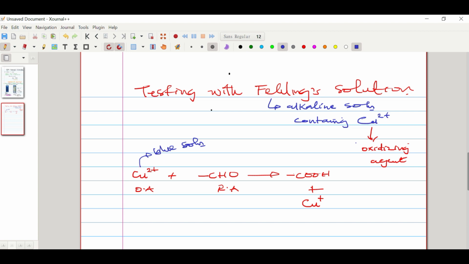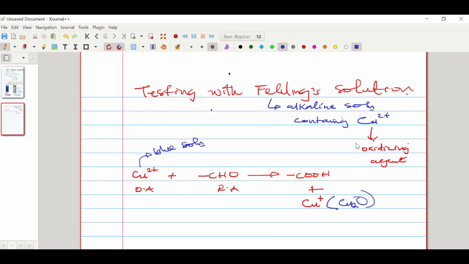But when this gets reduced, we're going to have copper 1 ion. But that copper 1 ion is not going to be in the form of aqueous ion. It will come together with oxygen. So this one will be in the form of Cu2O.